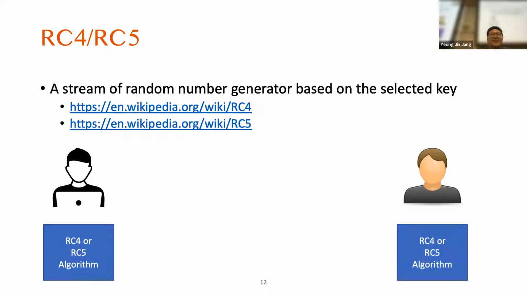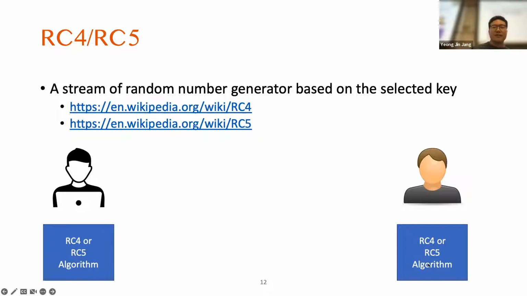He developed RC4 and RC5. So we conjecture that RC stands for Rivest Cipher 4 and Rivest Cipher 5. If you are interested in the details of the algorithm, you can visit the Wikipedia articles stated here.